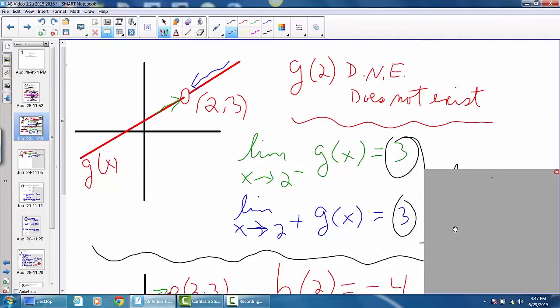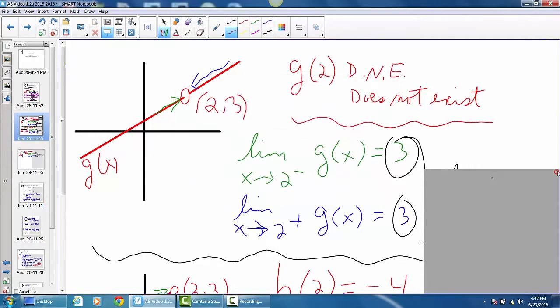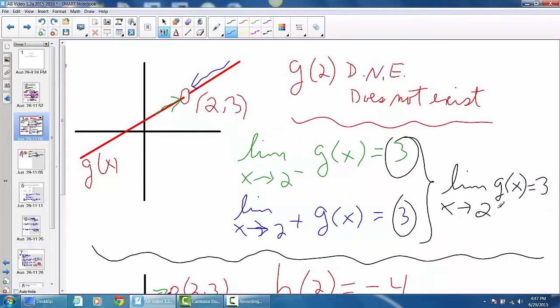So what we say is because both the left-sided limit and the right-sided limit each equal the same real number, we are able to say that the two-sided limit, with no symbol here at all, as x approaches 2 of g of x is 3, for the simple reason that both of these are 3. Visually or graphically, it's because as the green bug gets closer and closer to x equals 2, and as the blue bug gets closer and closer to x equals 2, both of them are approaching a height of 3. They're almost touching, but not quite touching.